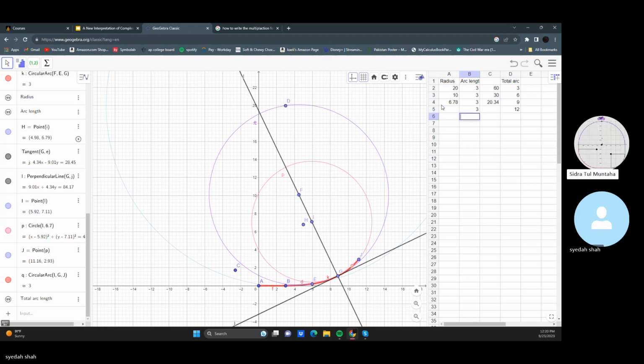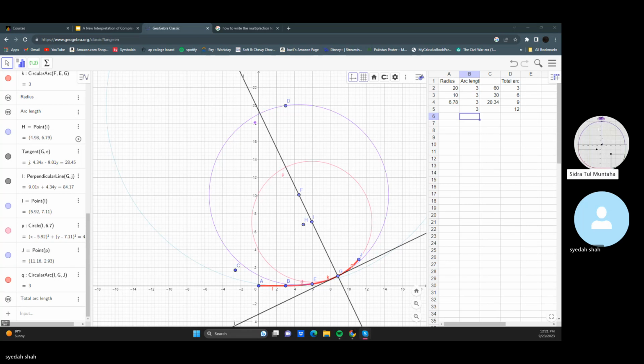Okay. So now, one more thing, this 60, how we got that. 60 was basically when we multiplied 20 with the 3, it was 60, right? So we divided that 60 by the total arc length at that time.